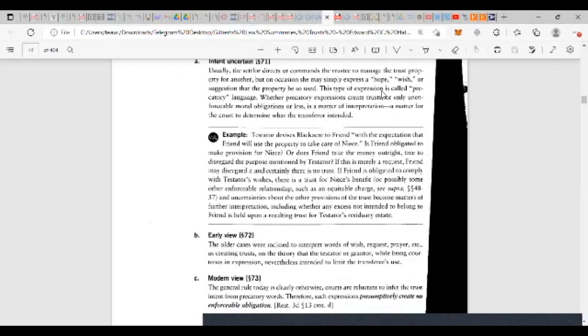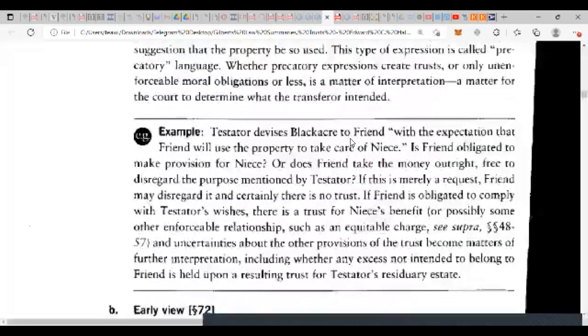This type of expression is called precatory language. Whether precatory expressions create a trust or only unenforceable moral obligations is a matter of interpretation, a matter for the courts to determine what the transferor intended.